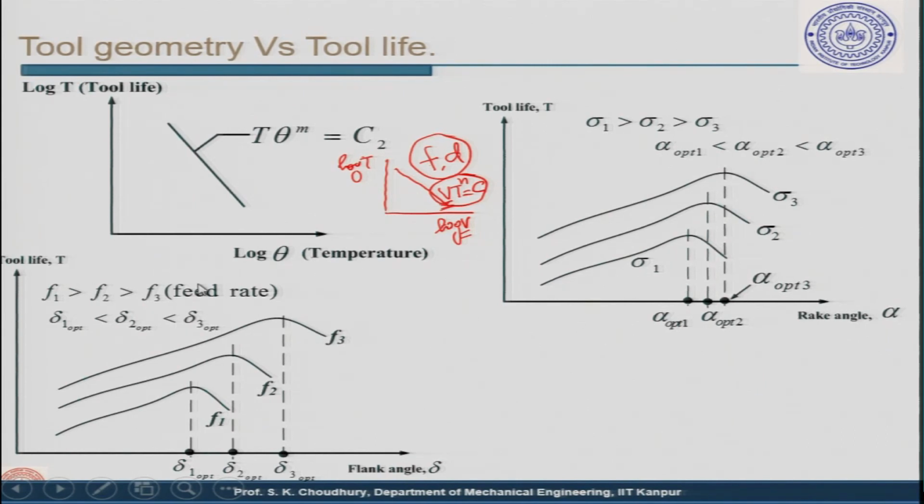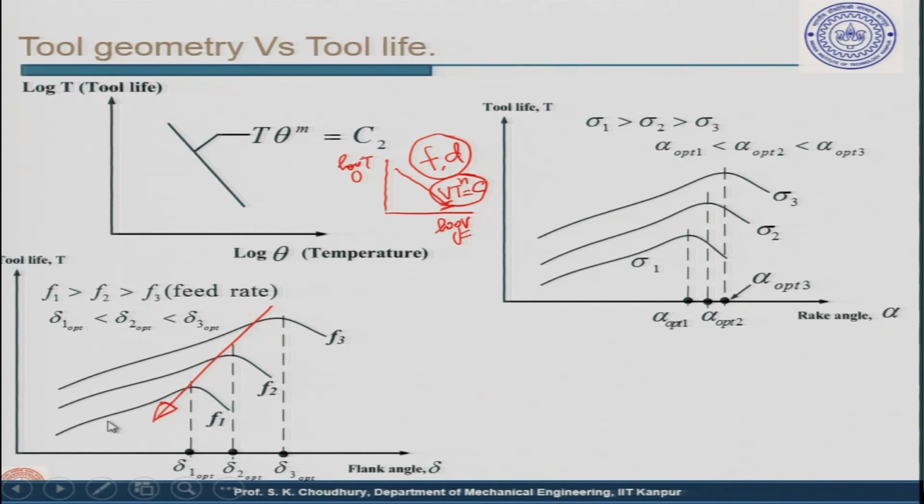The feed rate is increasing in this direction, F1 more than F2 more than F3. So, when the feed rate is maximum, comparing these three, the optimum value of the flank angle will be minimum out of these three.